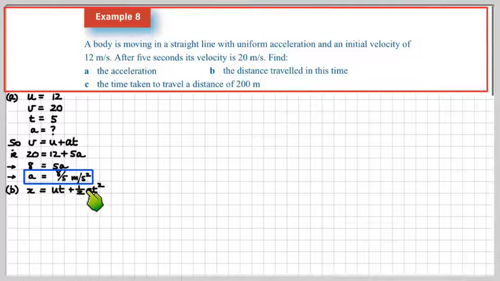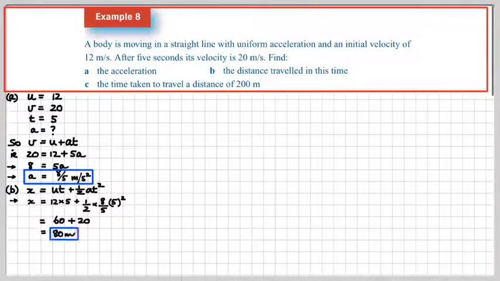Now we happen to know a now, and we happen to know t, don't we? Yes, and we happen to know u, because that was 12. And that was over 5 seconds, all right? So therefore we've got that to plug in, and we just have to clean that up, and we've got x. Looks like 80 meters. Okay, we travelled 80 meters in that 5 seconds.